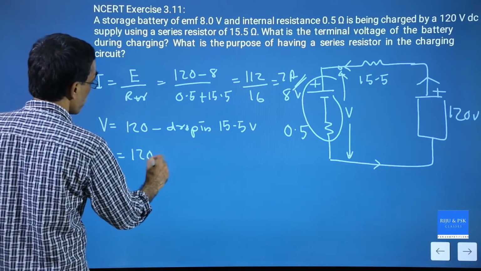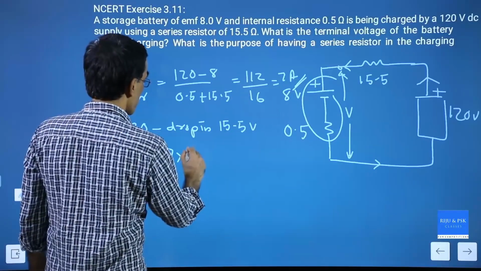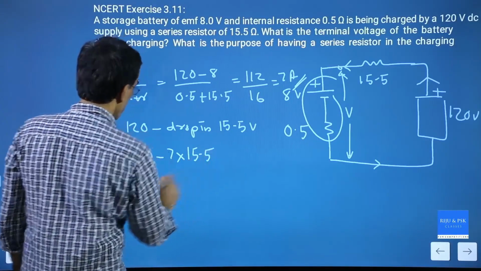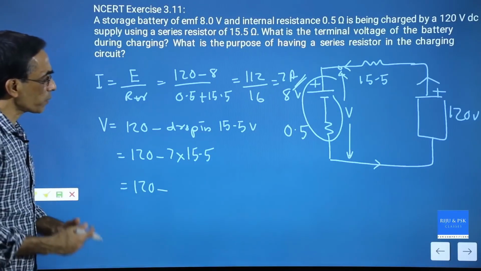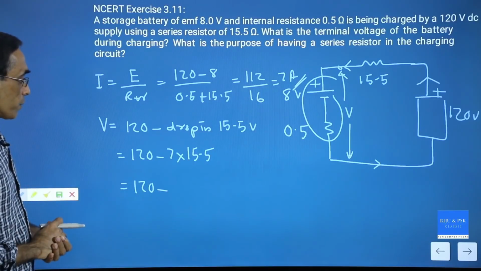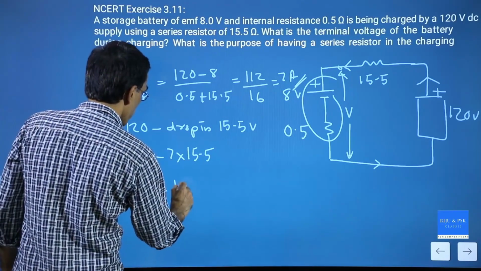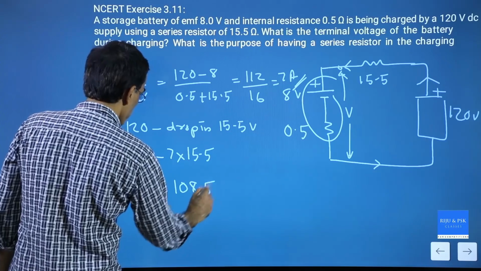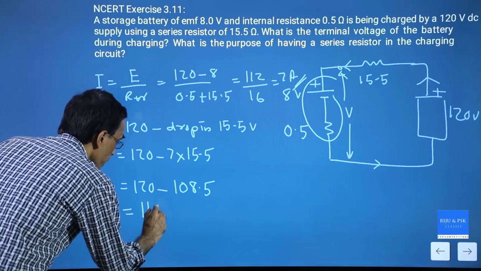So that is 120 minus 7 ampere into 15.5. 70 plus 35 plus 3.5 is 108.5. So this gives you 108.5, and this gives you 11.5 volt.